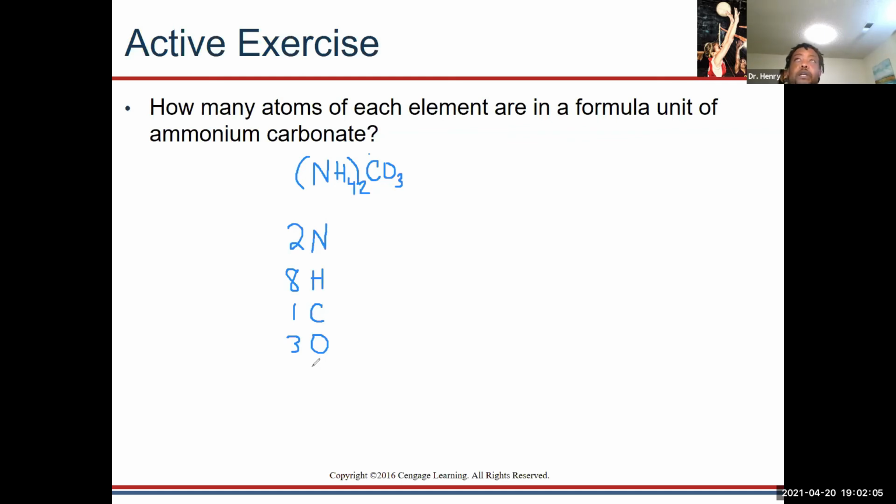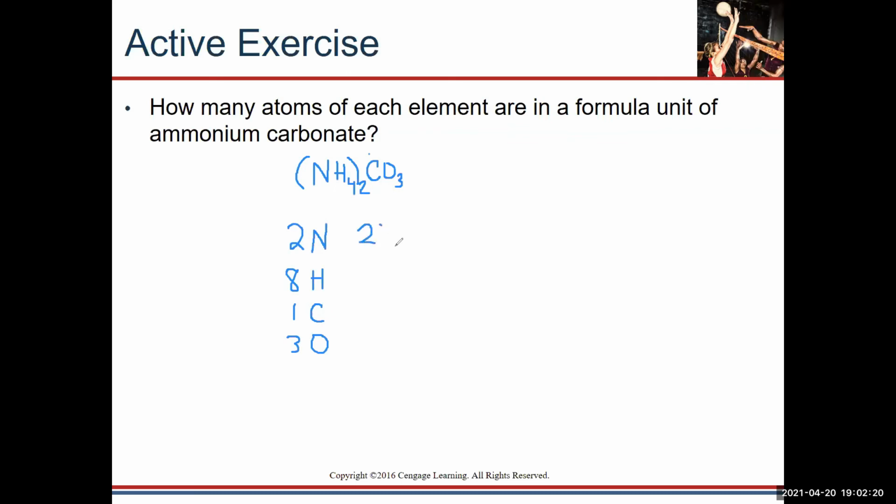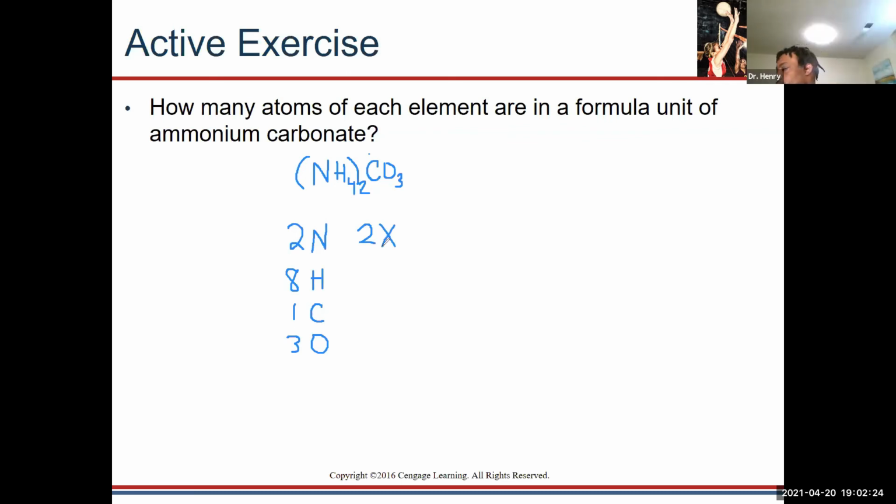So the way that we calculate the mass of a compound is by adding the mass of each of the individual atoms that are in that compound. So we have nitrogen. How many nitrogens do we have? 2. So we get the mass of that element from the periodic table.